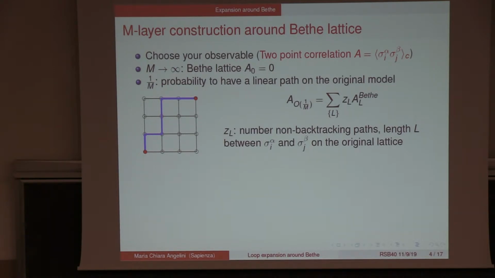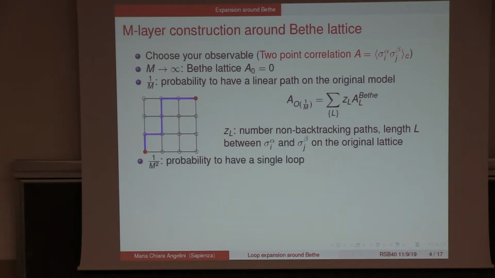So the correlation between this point and this point at order 1 over m can be approximated with the correlation of all the linear paths, considered as independent between these 2 points.